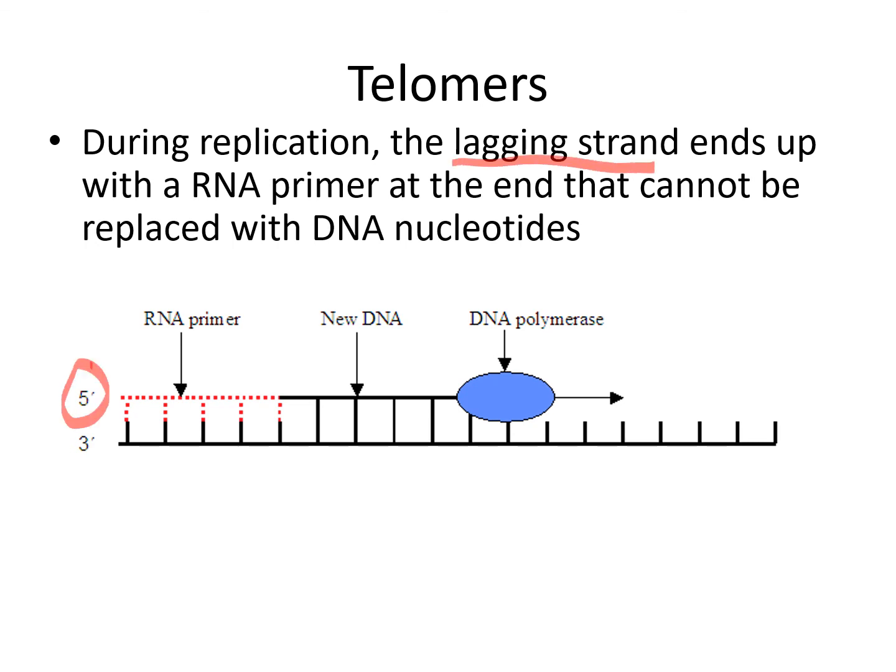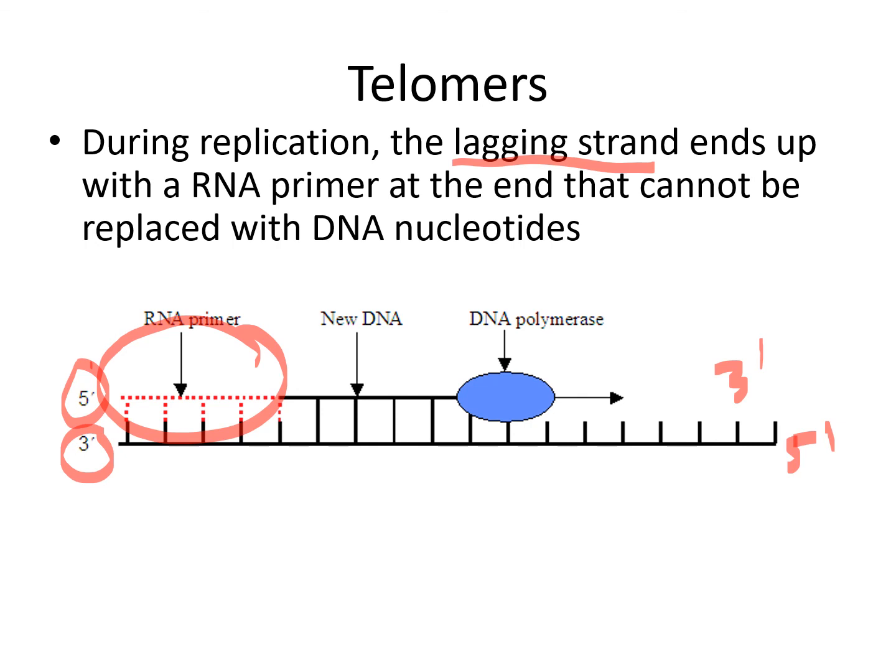They've got this 5' over here, and so that means the 3' end is going to be over here, and then the other one is anti-parallel to that, so it's got the 5' on the right here. And so when this DNA gets copied, there is one end that is going to be left and it's unable to be copied. So essentially each time the DNA gets copied, a little bit of the chromosome on the end cannot be copied because of the way that it is copied.